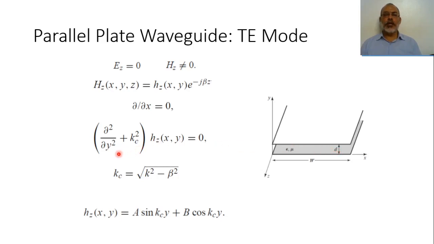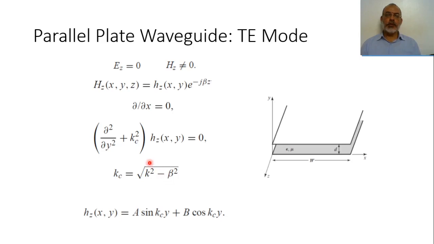So the reduced Helmholtz wave equation can be represented as partial squared by partial y squared plus kc squared, acting on Hz(x,y), equals 0, where kc equals square root of k squared minus beta squared.